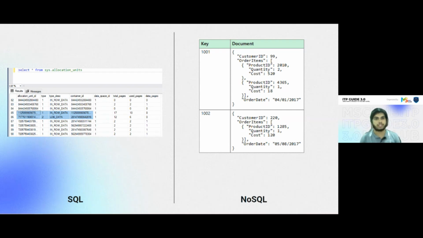This structure is called JSON format. Yeah, this is how NoSQL databases store your data. So I hope you got an understanding about what SQL and NoSQL mean and the differences between the two.